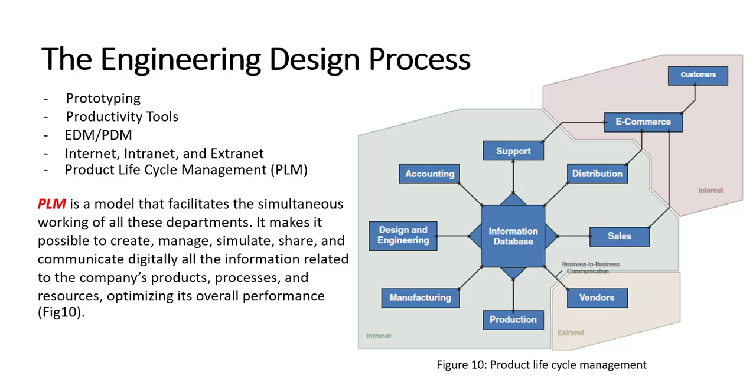Corporate intellectual capital consists of the following. One is our product definitions, all the information relating to what the product or service is, its specifications and how it's designed, manufactured, delivered, and supported.